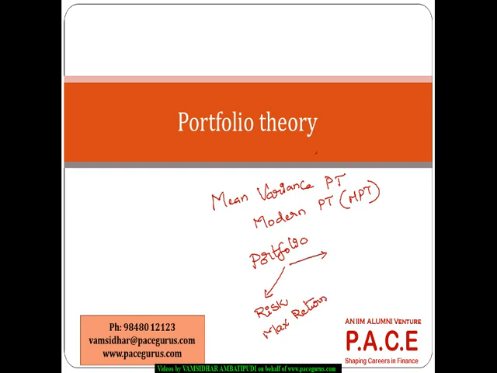Or if I have chosen some specific return, how do I build a portfolio to get that particular return where I take the minimum possible risk? So this is the typical background behind the portfolio theory.